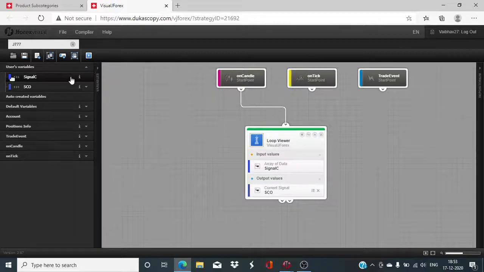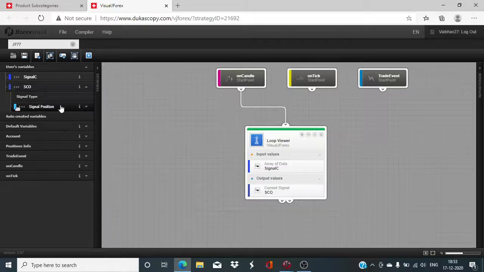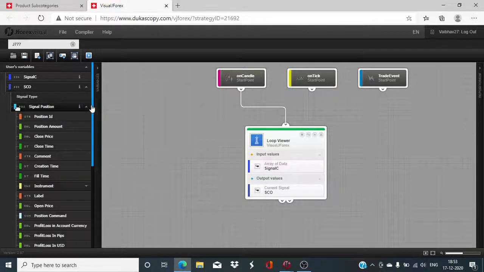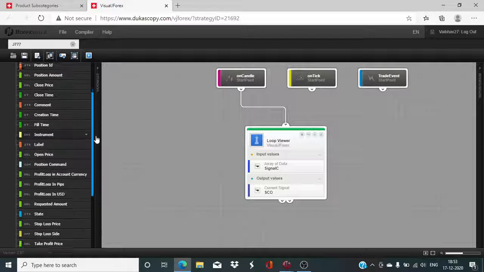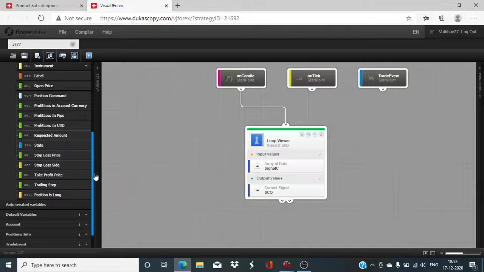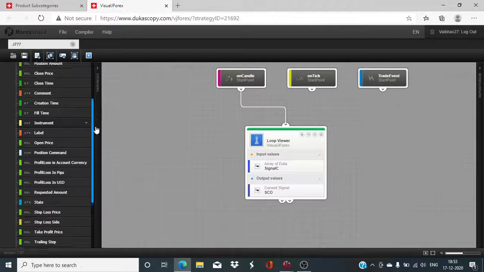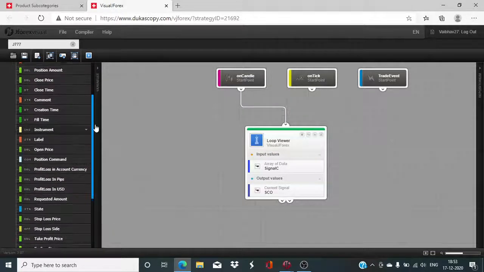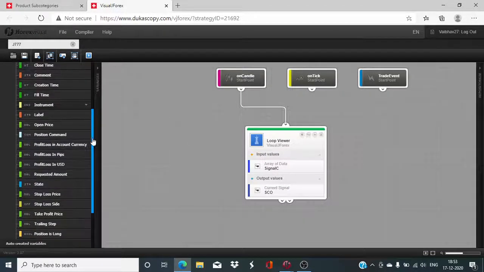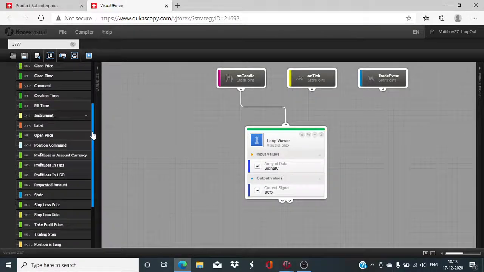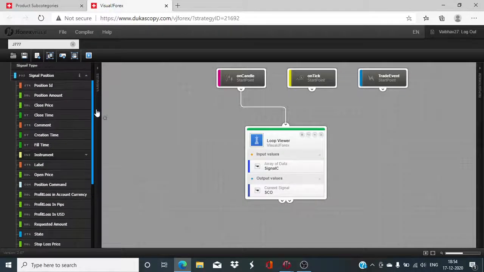We created one variable named signal, SIC, and then we are getting these output values, and here we have signal position, and all these intricate details can now be accessed because of this loop viewer, which would otherwise not be possible. So all the options we get to further utilize in furthering our development of the algorithm.